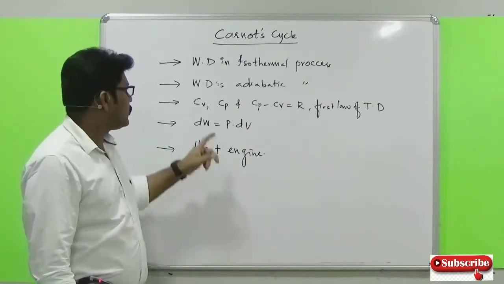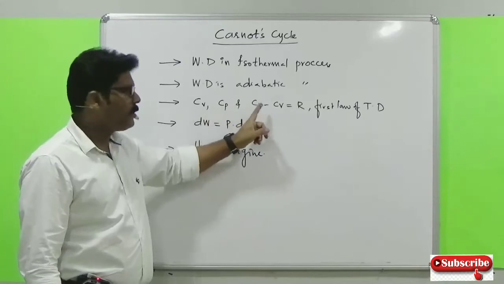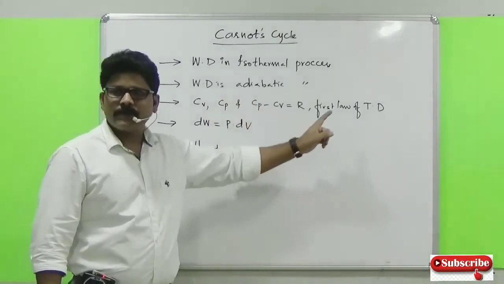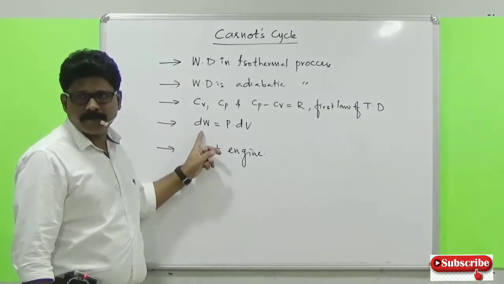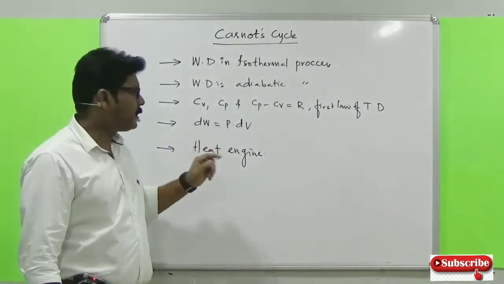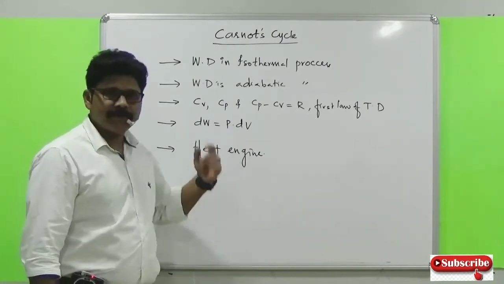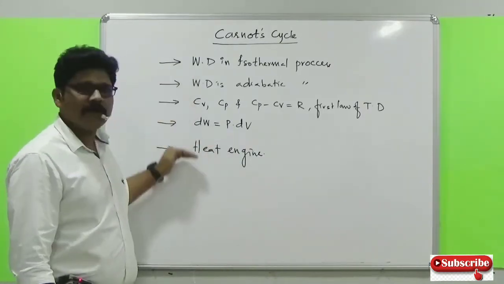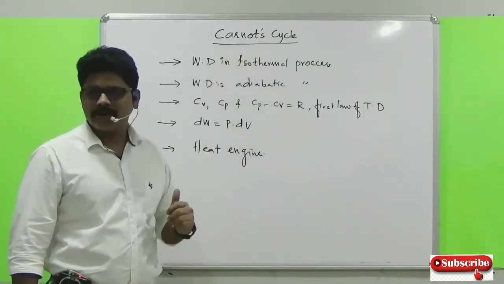Third, what is Cp? What is Cv? Cp minus Cv is equal to R. First law of thermodynamics. Next, work done by the gas or on the gas, which is P into dV. Then heat engine.